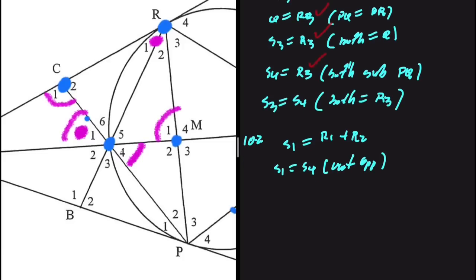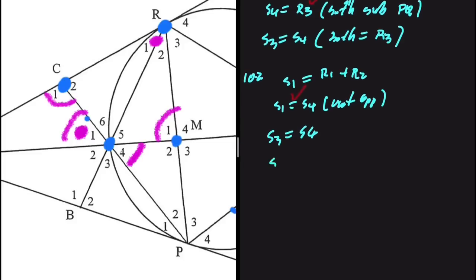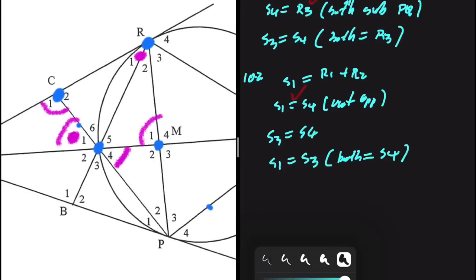Let's not forget that in the question above we said that S3 is equal to S4, and now we are saying that S1 is equal to S4. So what does that mean? It means that S1 is equal to S3 as they are both equal to S4. Now we can see what is happening here.